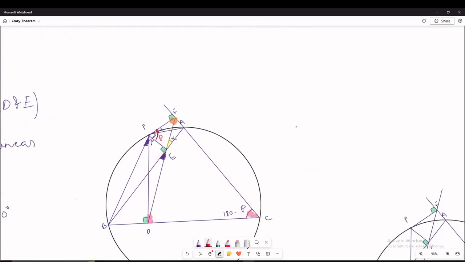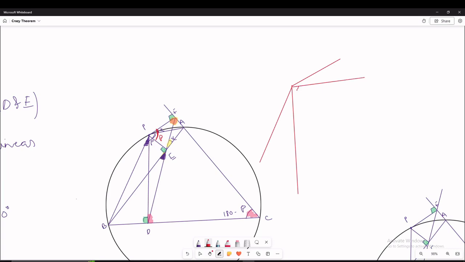Now see what case we have. I'll bring it out here. There is one line that goes here. There is one more line that goes here. And then there is one line that goes like this.